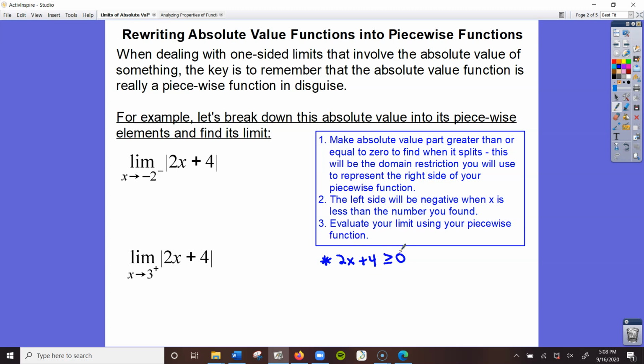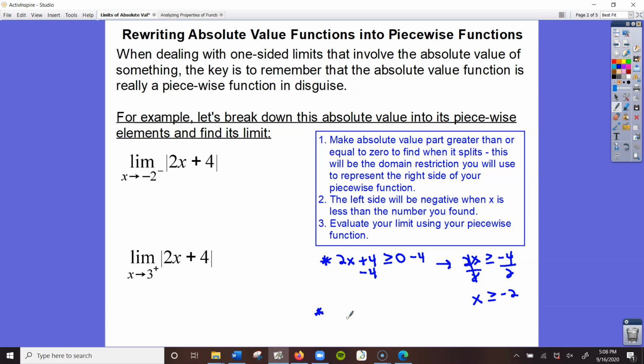I use this inequality to solve for x, and this is how we find out where your absolute value function would split. So we subtract the 4 from both sides: 2x is greater than or equal to negative 4. Divide by 2, and we get that x is greater than or equal to negative 2.